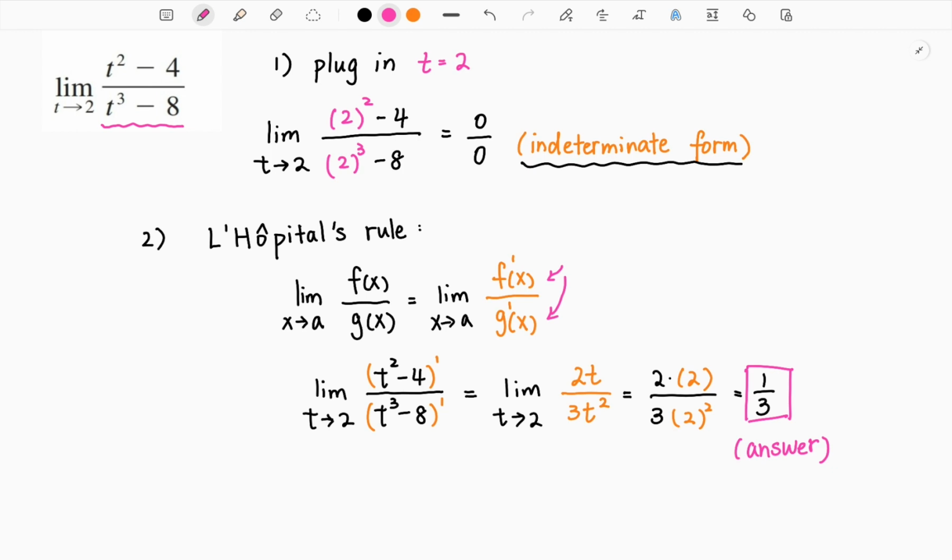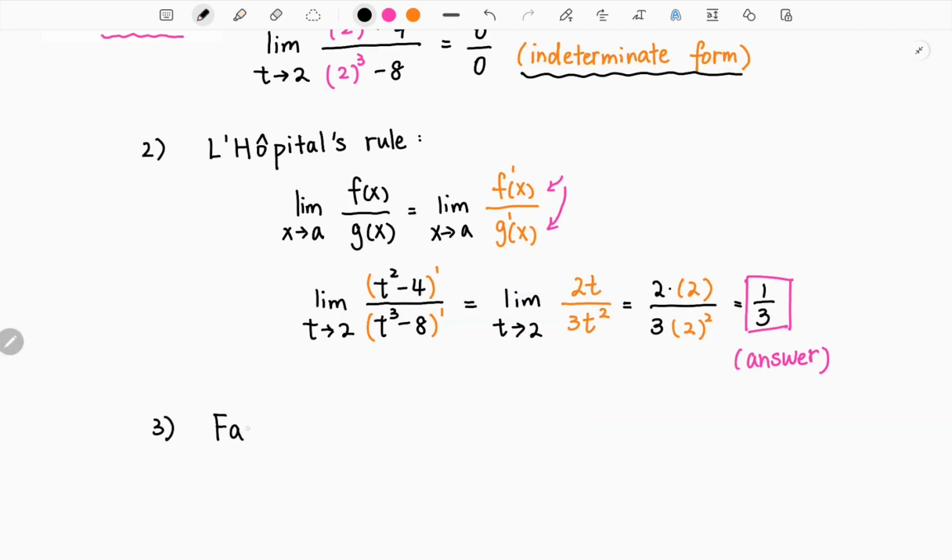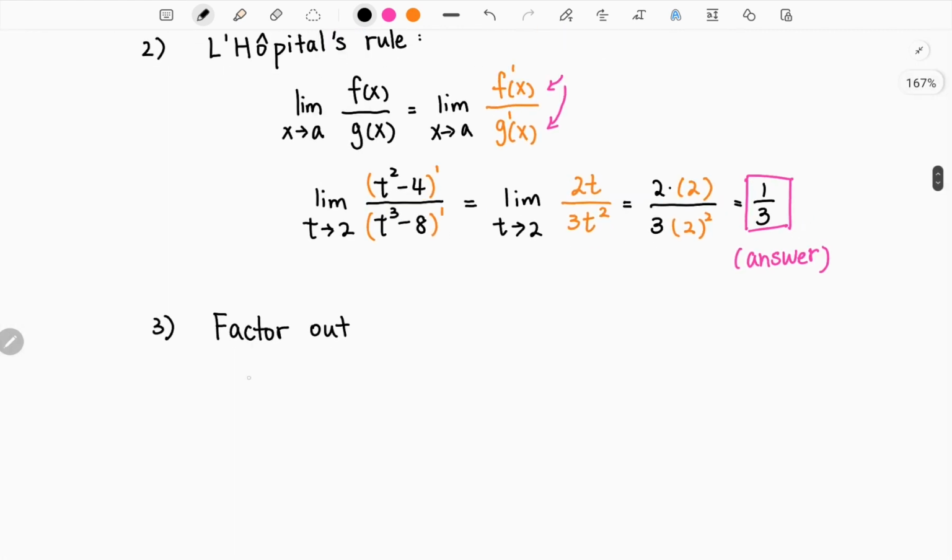If you haven't learned derivatives, that's also totally fine. We will solve it by using factoring as well. And I know t squared minus 4 I can factor out as t minus 2 times t plus 2.